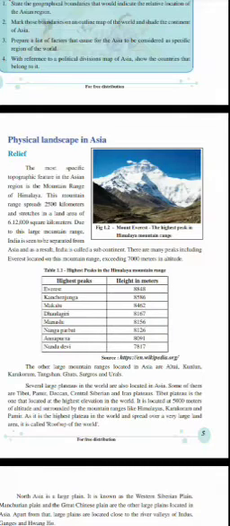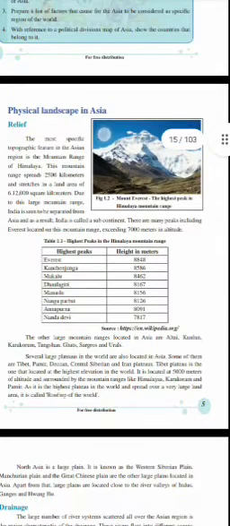Under physical landscape, we are going to talk about relief, drainage, climate, natural vegetation and wildlife. Under human landscape, we are going to talk about ancient human civilization, types of human races, population distribution, economic activities.